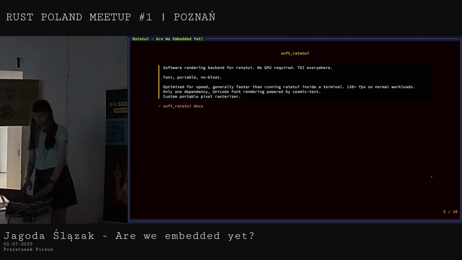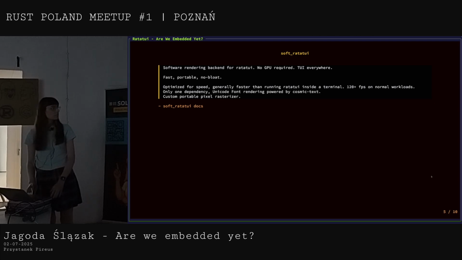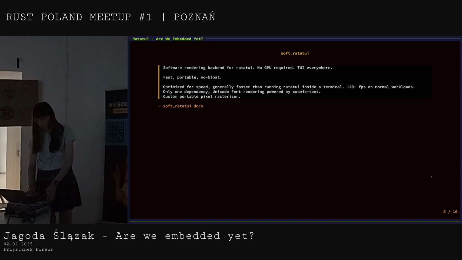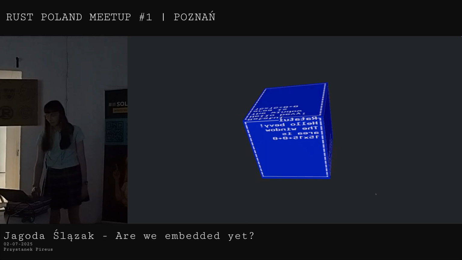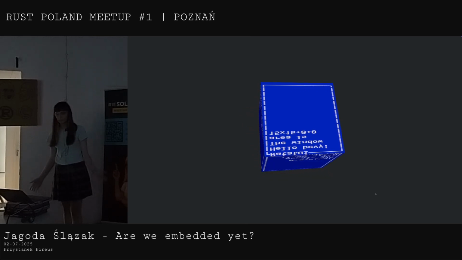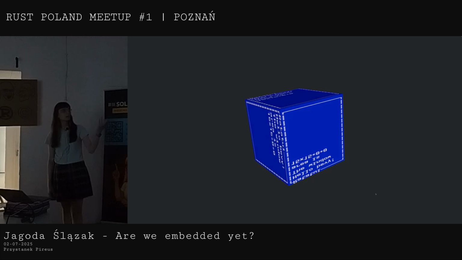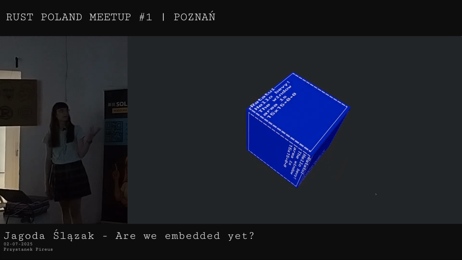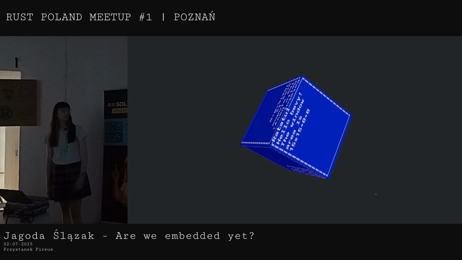So, for example, you can render to a texture and use that texture in Bevy.